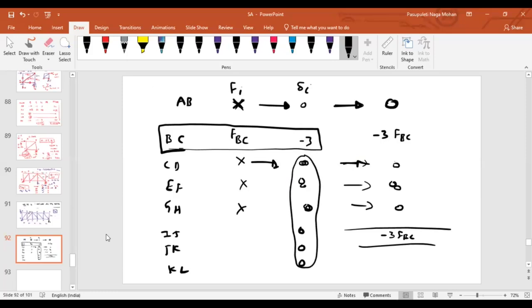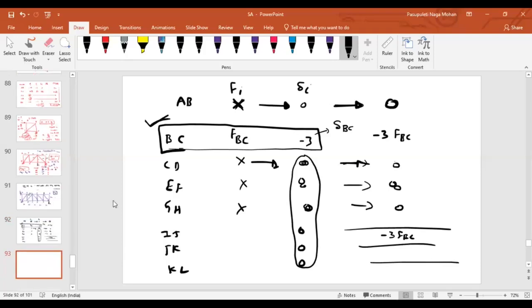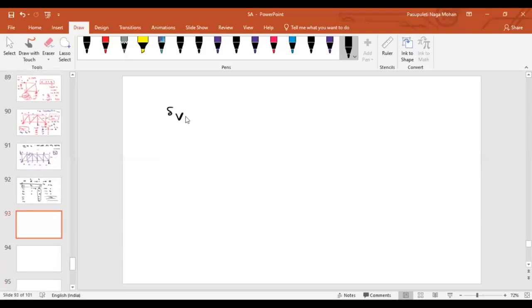The value exists only in member BC. What is the total value? The total value is nothing but minus 3 into FBC, which is the fabrication error. So what is the vertical deflection at L?